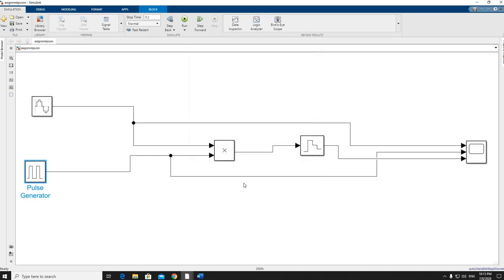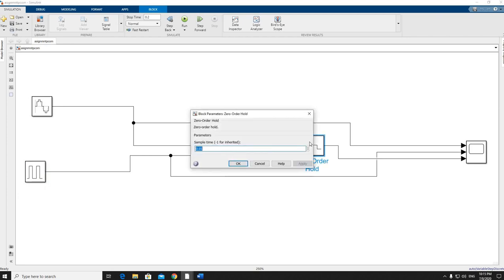Then this is the product, where we combine these two signals into one, which becomes PAM, pulse amplitude modulation. Then this is where we want to flat top the signal. What is flat top?